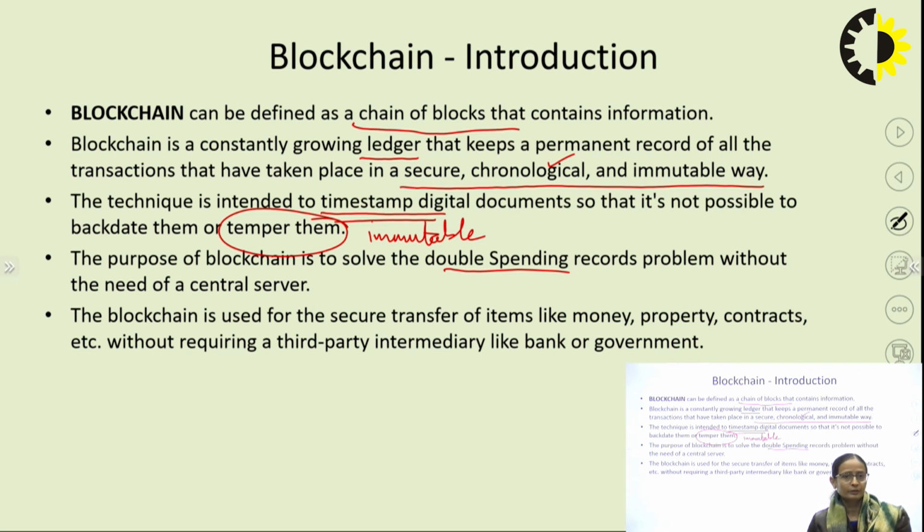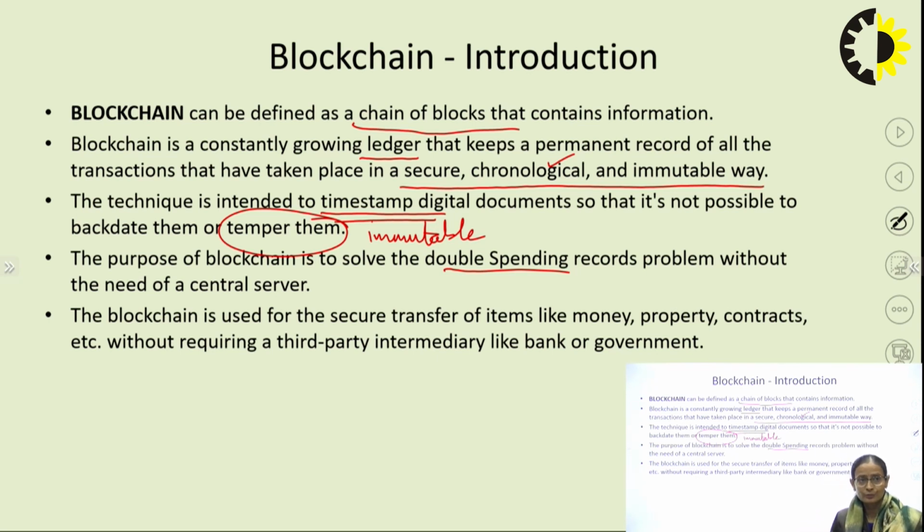But in the case of digital money or e-money, double spending is a problem. Earlier, the double spending problem was resolved with the help of a central authority. But in the case of blockchain, we don't have any central server or authority, yet we are able to resolve this problem.